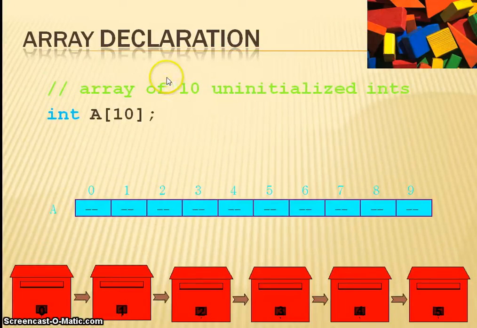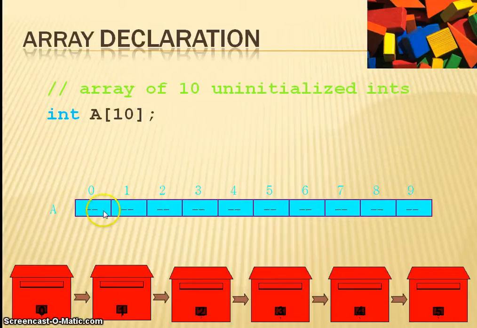For example, let us see how we declare an array. For declaring int a[10], they have to allocate memory space in the system for the array a for storing 10 elements.